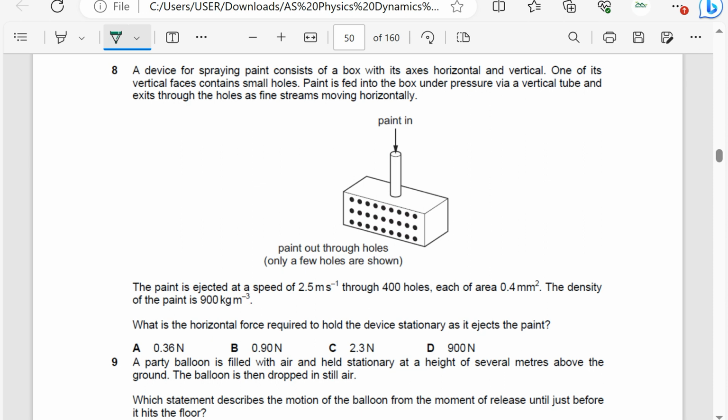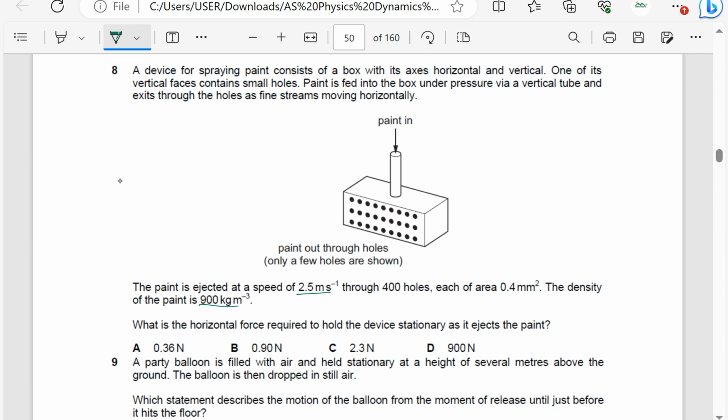Only a few holes are shown. The paint is ejected at a speed of 2.5 meters per second through 400 holes, each of area 0.4 millimeters squared. The density of the paint is 900 kilograms per meter cubed. What is the horizontal force required to hold the device stationary as it ejects the paint?